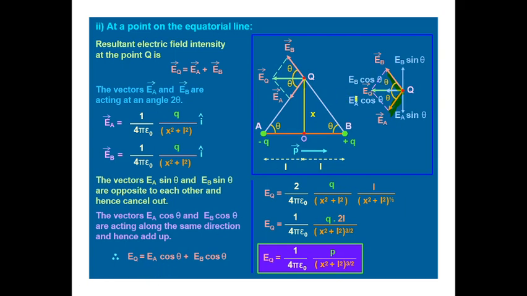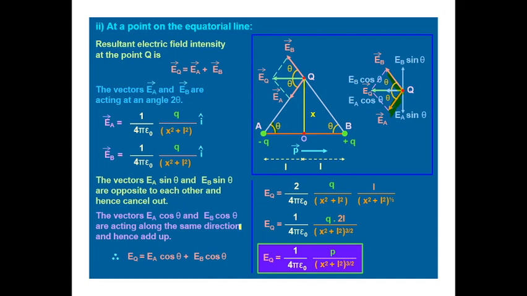So EQ equals the sum of EA cos theta plus EB cos theta, but these have the same value, so we can write 2 times E cos theta. So 2 times 1 divided by 4 pi epsilon naught, Q divided by r squared, the value of the electric field, into cos theta. What is cos theta for this angle?